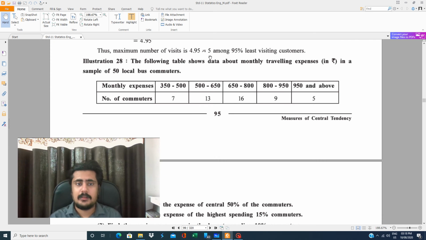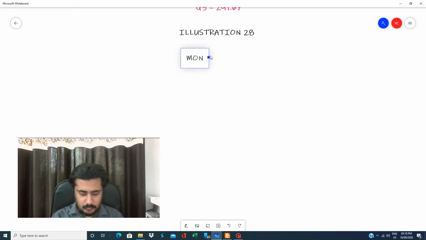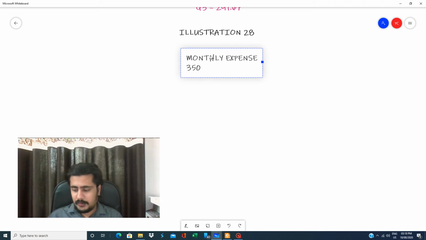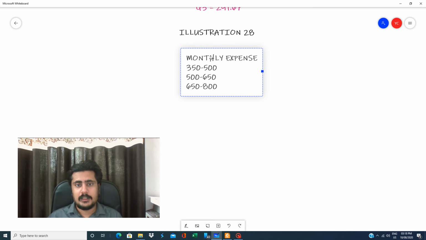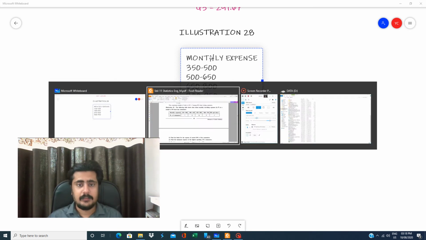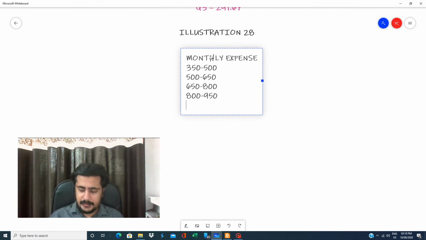Monthly expenses are given starting from 350: 350 to 500, 500 to 650, 650 to 800, 800 to 950, and the last will be 950 and over.